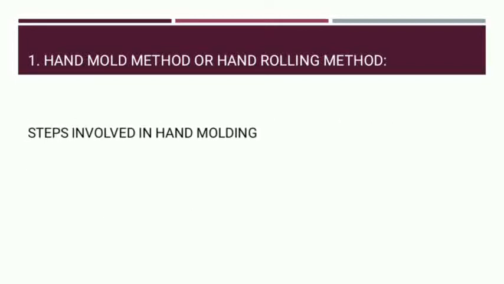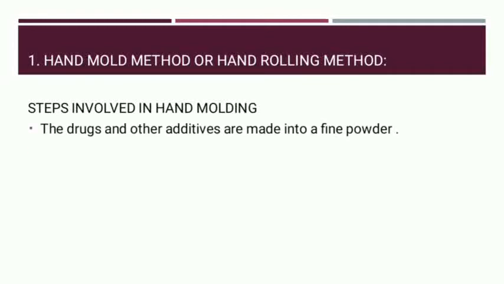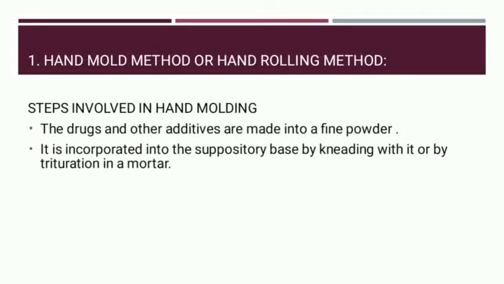Getting? So we'll be seeing the steps involved in hand molding. The drugs and other additives are made into fine powders. Then it is incorporated into the suppository base by kneading with it or by triturating in a mortar.